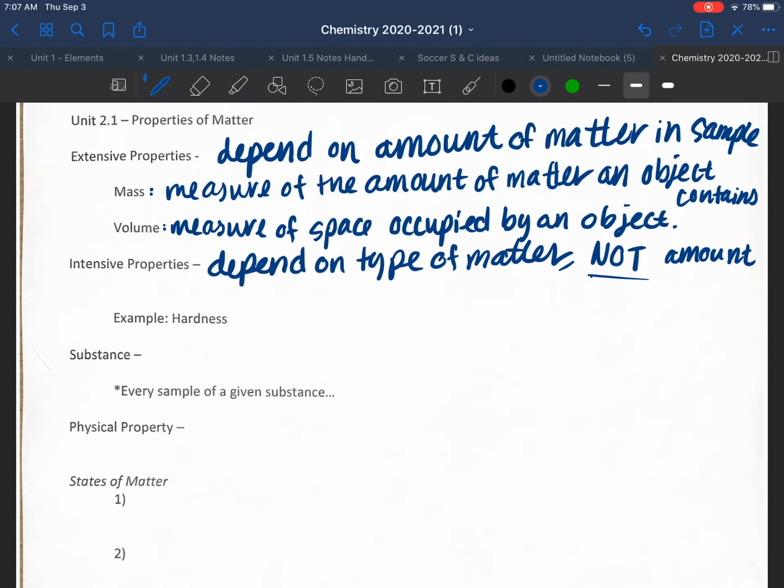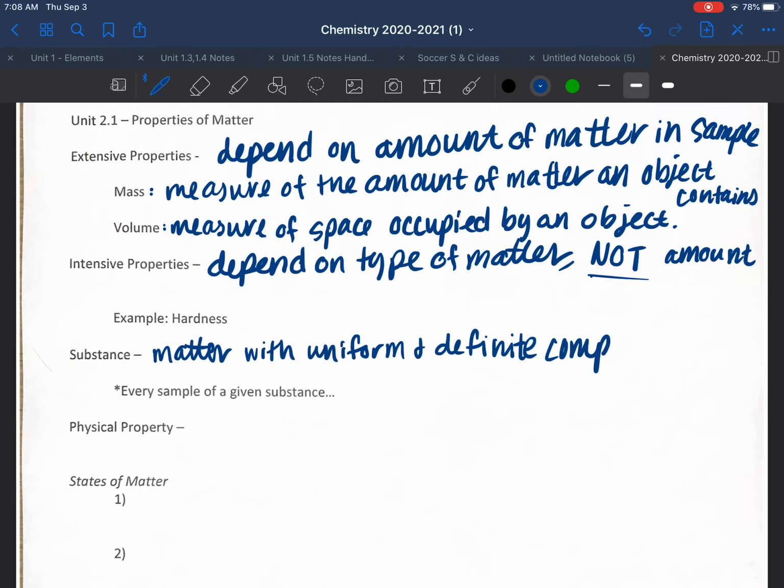And then let's define substance here. Let's define it as a matter with uniform and definite composition.